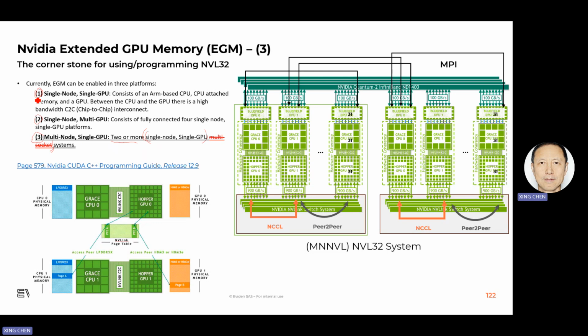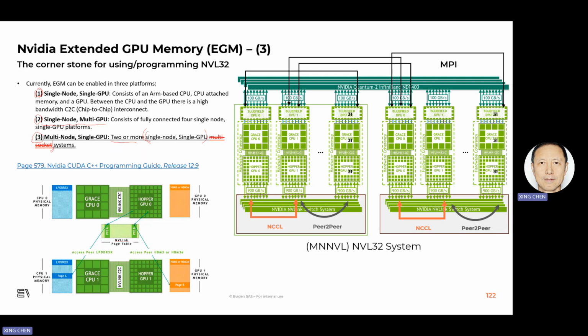So Type 1 system is the one that the EGM could be enabled, and the Type 2 is four times Type 1 system fully integrated. That's going to make a single node multi-GPU system. For Grace Hopper, it is going to be single node 4 GPUs.